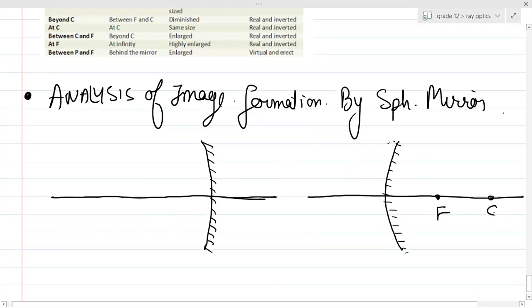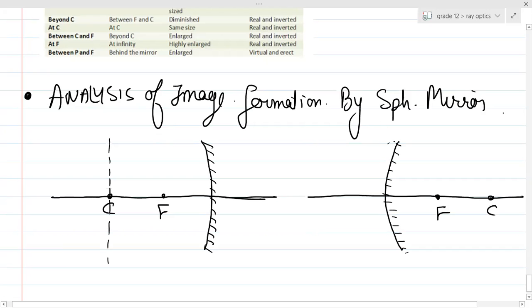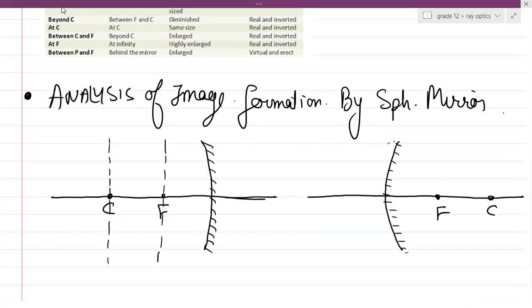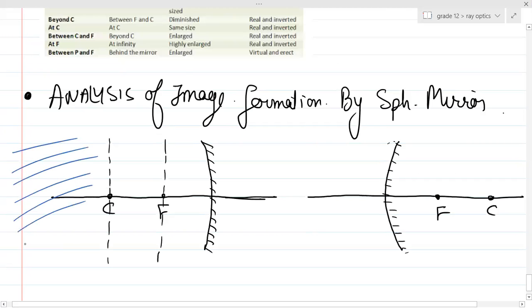F इधर, C इधर. Now see this, guys, very carefully. Can everyone see this region?